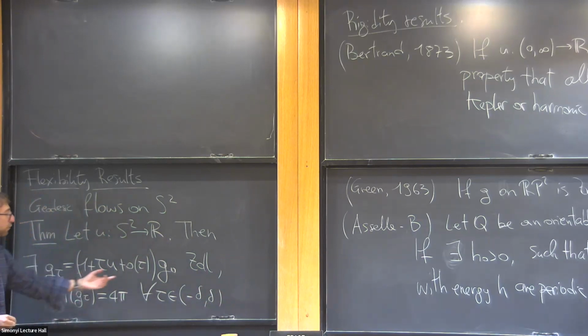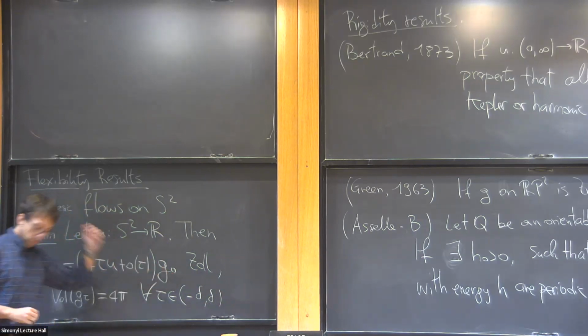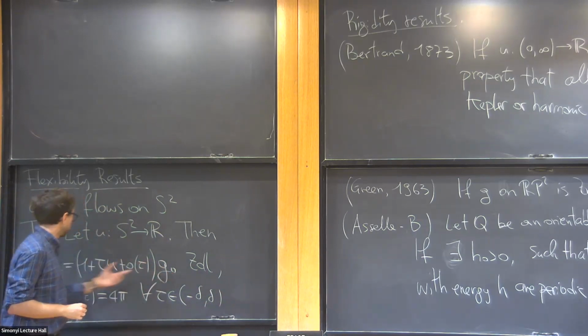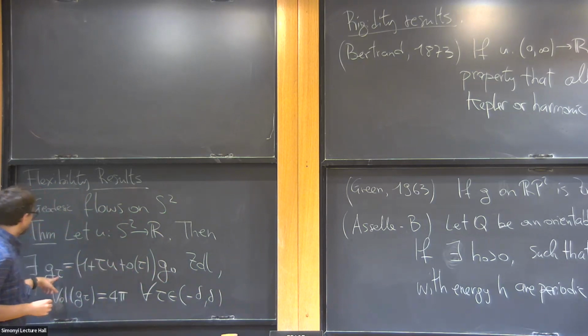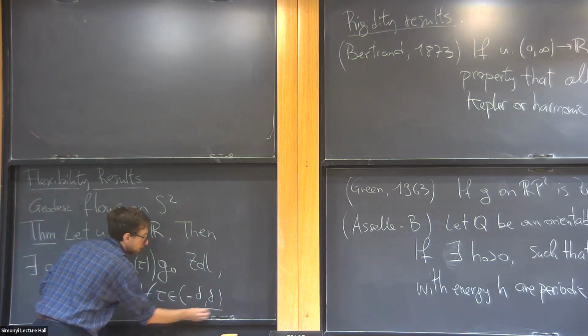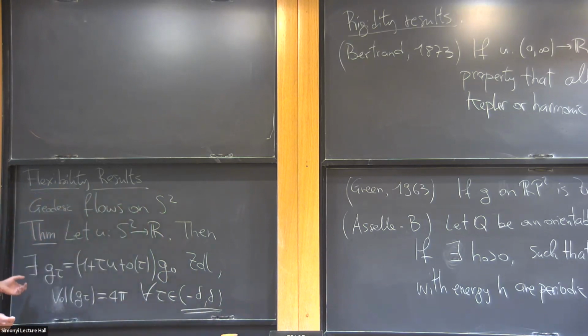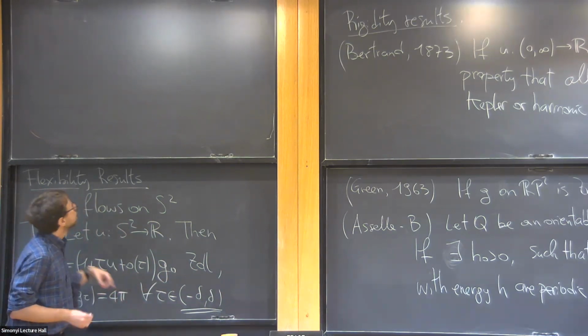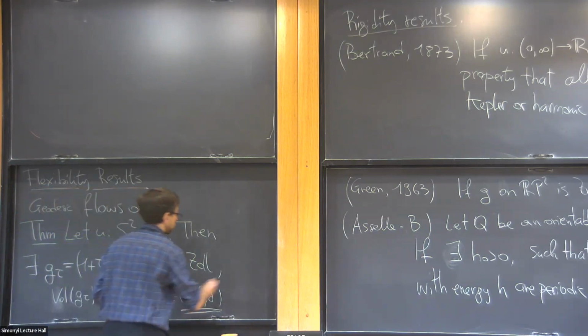So you are deforming your constant curvature metric by a conformal metric, where this U is basically your tangent vector at 0. But you have now a full path in some interval, and you're saying that this path is made of Zoll metrics for all tau, and this is now an if and only if.